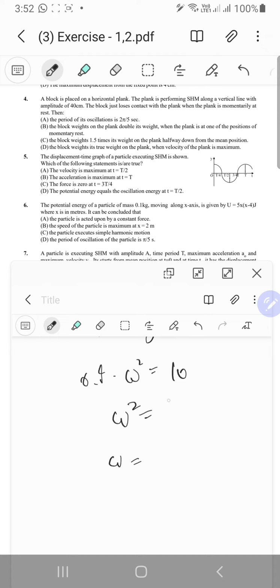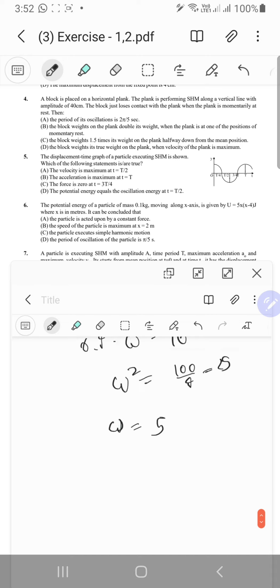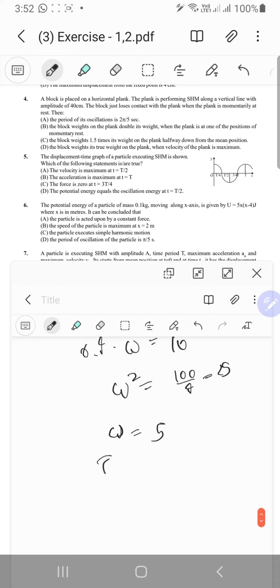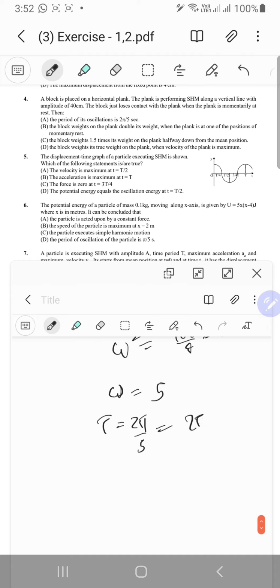Just get omega squared equal to 10 upon 0.4, which is 100 upon 4, which is 25. So omega is 5. Omega being 5 gives T equals 2 pi by 5, which is 2 pi upon 5 seconds. Yeah, so the period of oscillation is 2 pi by 5 seconds.